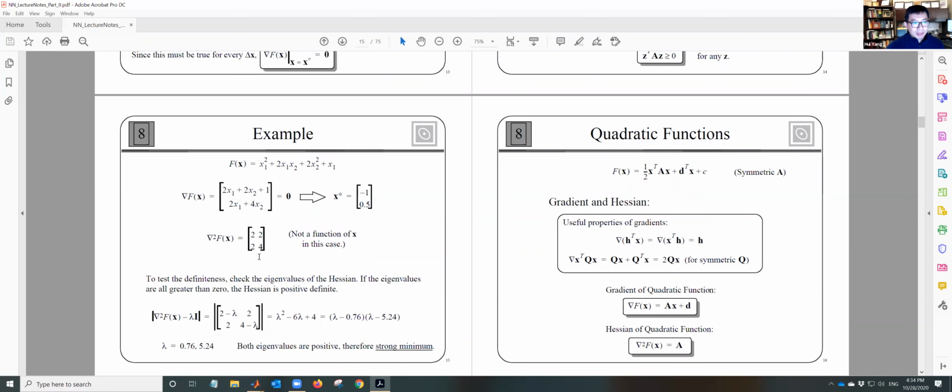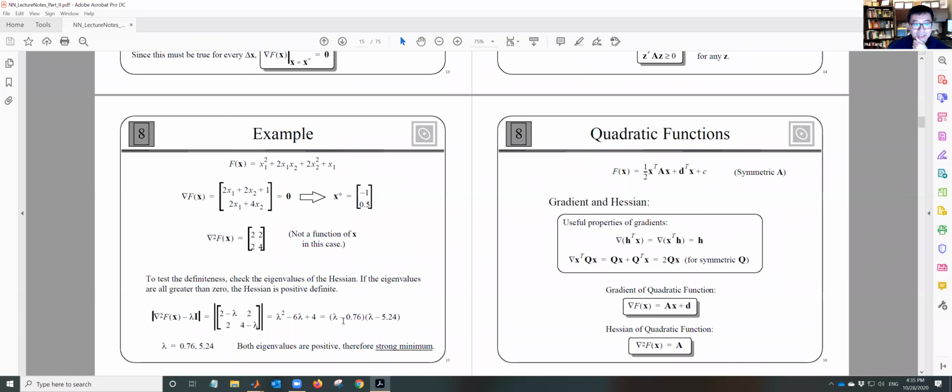So is this one indefinite, positive definite, or positive semi-definite? To test the definiteness, check the eigenvalues of the Hessian. If the eigenvalues are all greater than 0, the Hessian is positive definite. You recall the eigenvalue decomposition: A minus lambda I, and then you solve for lambda.